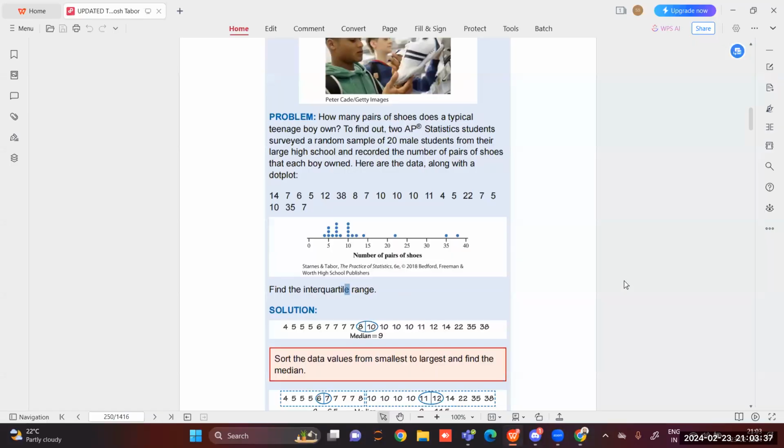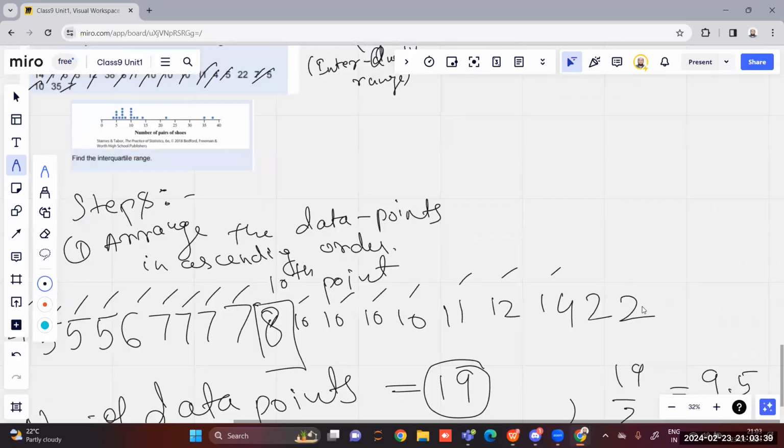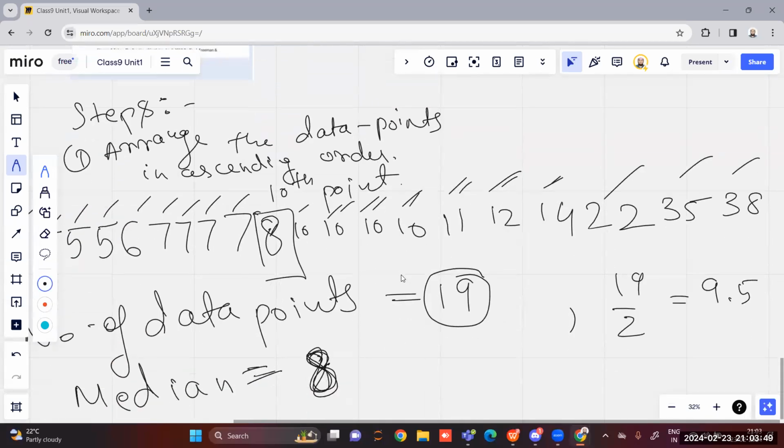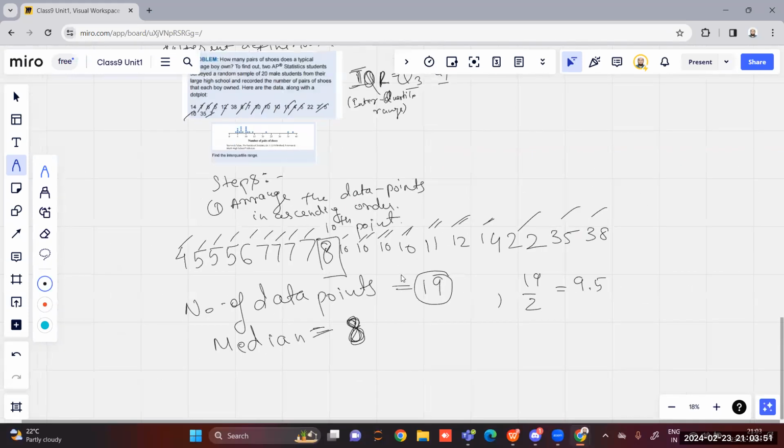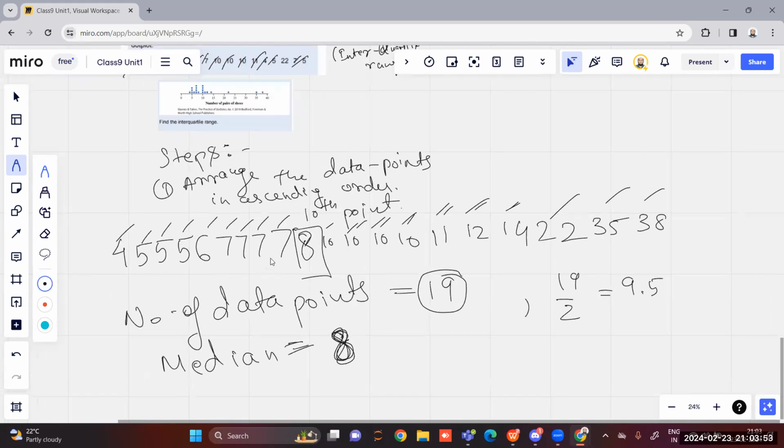After 14, it's 22, 35, and 38. So yes, one, two, three, up to nine. There are 20 data points. Count it. 20 is there. Yes or no? Count it correctly.